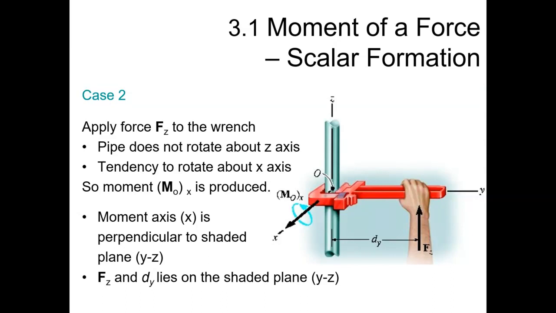So if I apply something like that, the chances are my pipe would bend like so, right? If I rotate it like that, instead of having the pipe rotated, that would rotate about the x-axis. This is not the best way of applying the force. If you want to rotate the pipe, that's the wrong direction of the force.